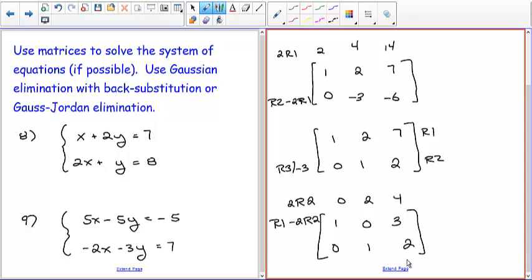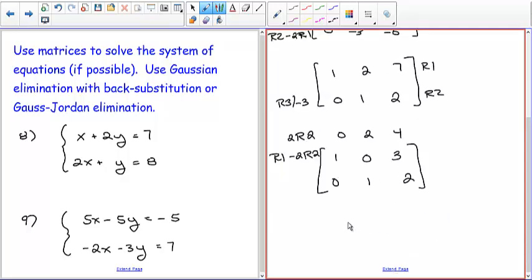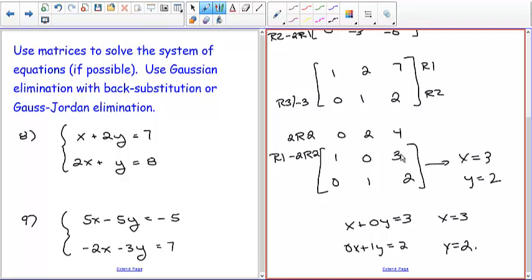Now, to go backwards to the equations, you have x plus 0y equals 3 and 0x plus 1y equals 2, or x equals 3, y equals 2, which is what we got using back substitution. And we know that works. The other thing is you could just go directly from here and say x equals 3, y equals 2. These numbers are your answers. If you have 1, 0, 0, 1, the third column are your answers.